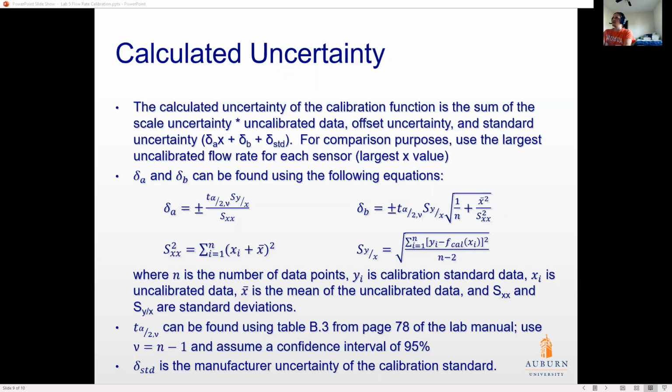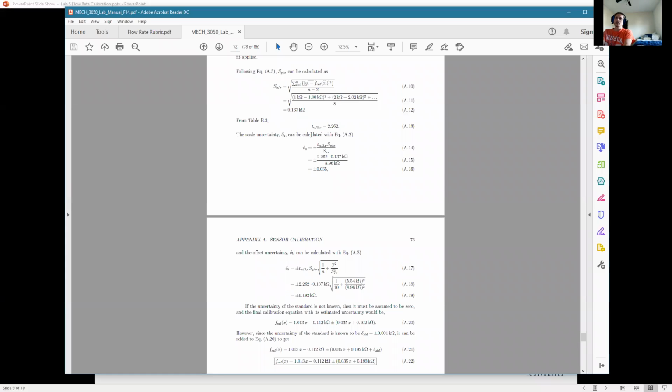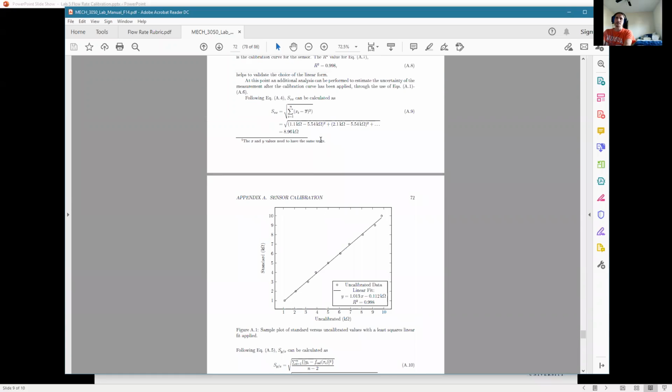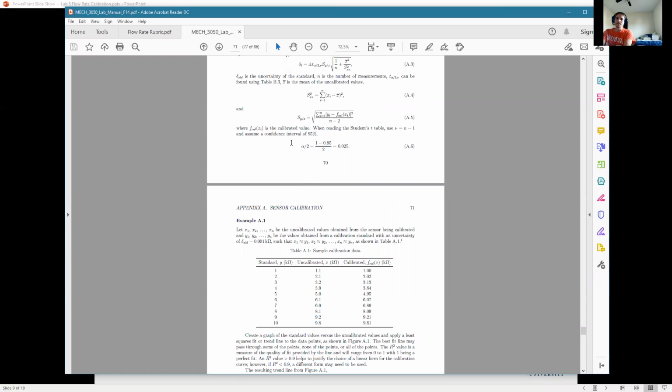If you get confused about that, it talks here about how to find it. Reading the T table, nu is n minus 1, the confidence interval is 95%, so 1 minus 0.95, over 2, will give you this alpha over 2 number.